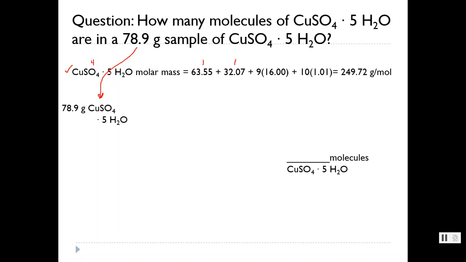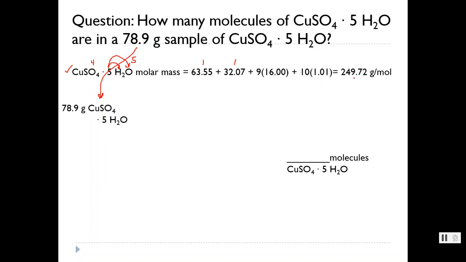And then I have 5 because the 5 goes not only to the hydrogen but also the oxygen. So I have 5 oxygens from that part of the molecule. So 5 plus 4 is 9. So I have 9 oxygen atoms. Finally, I have 5 times 2 or 10 hydrogens. So that's where all of these numbers come from.